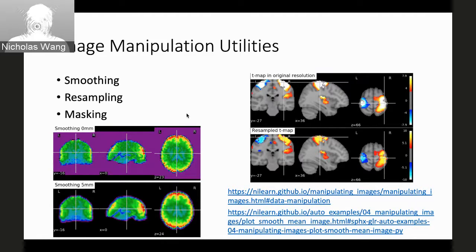And it does provide a lot of image manipulation tools as well. And again, these are all complemented by some nice Jupyter notebooks, which can give you some good examples on how to think about and handle this data, which I found very useful as well.